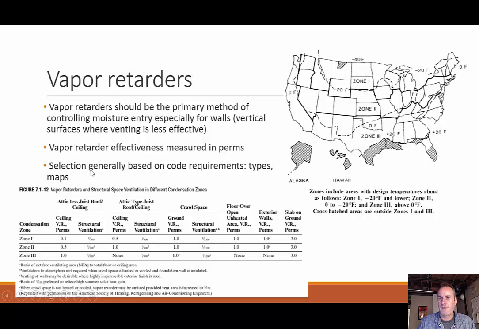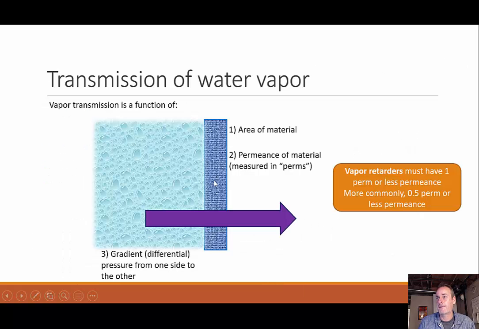We'll talk about perms in just a bit. And selection is generally based on code requirements, and of course those code requirements are based on where we are geographically, because a vapor retarder in Florida would look much different than a vapor retarder in Montana. We can see these different zones for condensation and how one of those tables could be read.